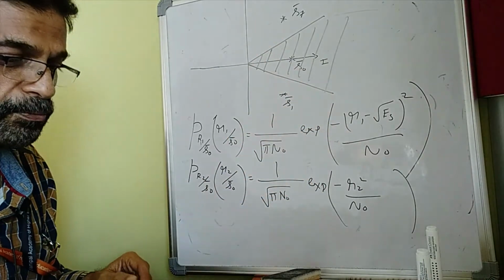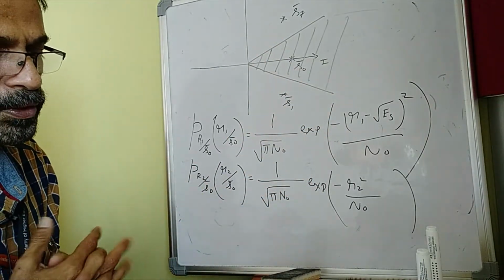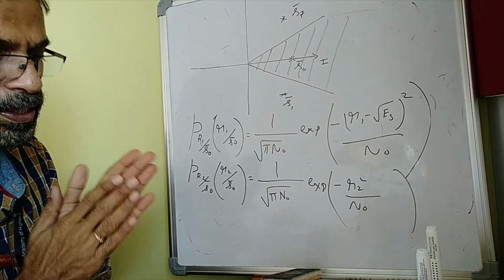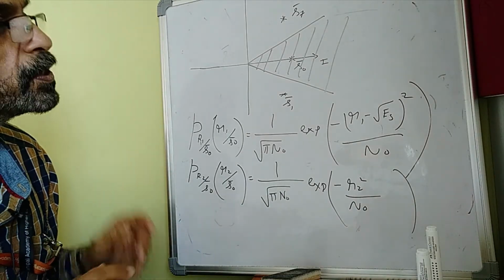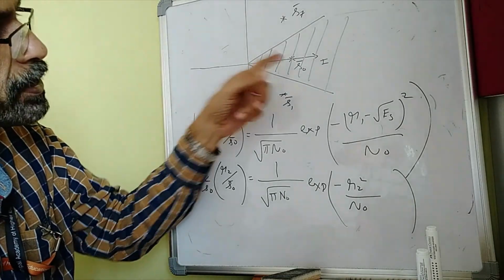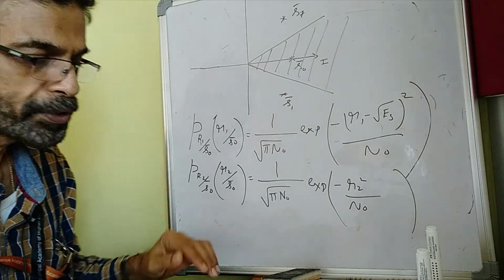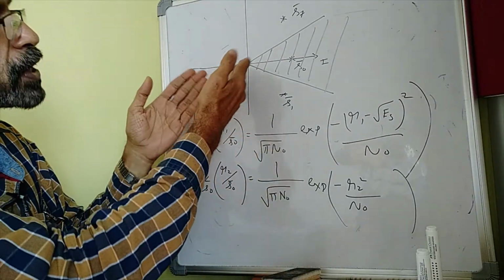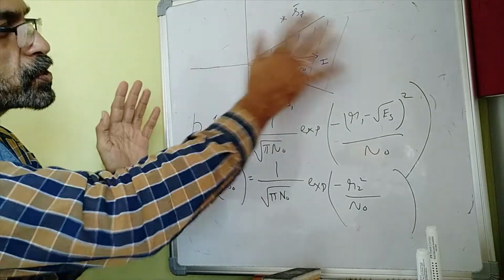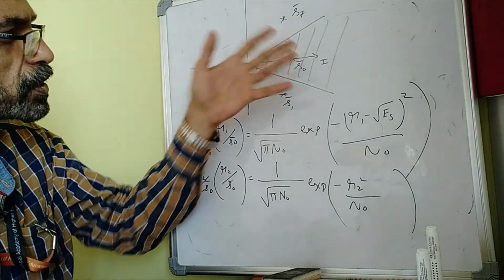But we can simplify the derivation or the analysis if we operate on polar coordinates. We have represented the signal space in the Cartesian coordinate system.